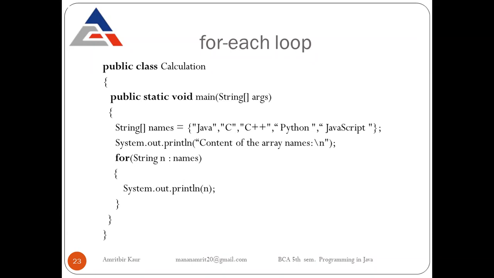If we write 10, then we can only insert 10 values in this array. That's why we leave it empty. Here names is our array name, and equals, then we assign values to it. In names, 5 values are stored: Java, C, C++, Python and JavaScript.